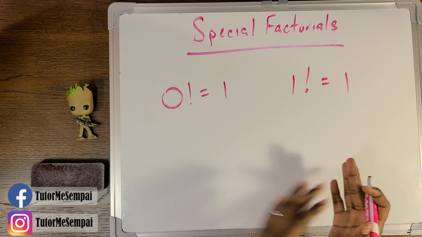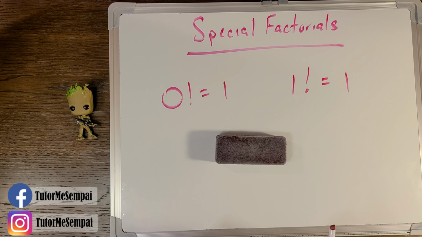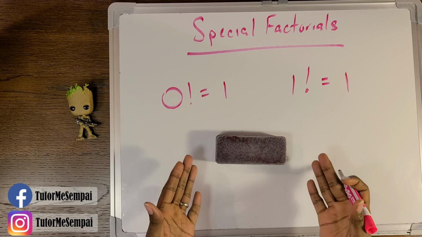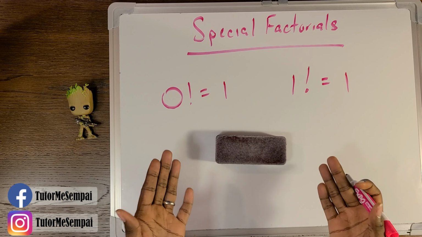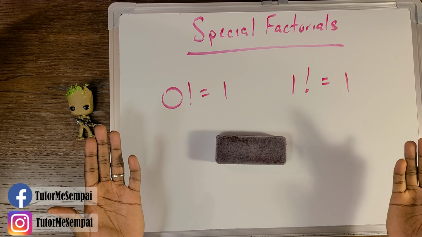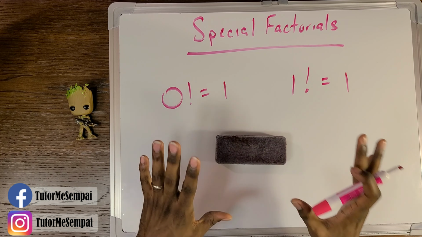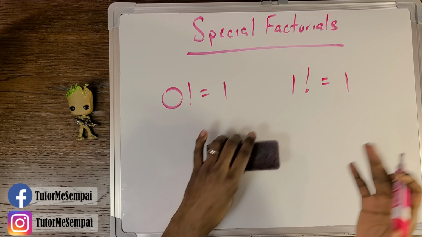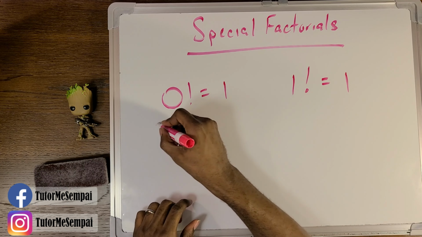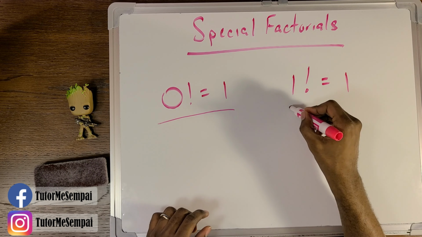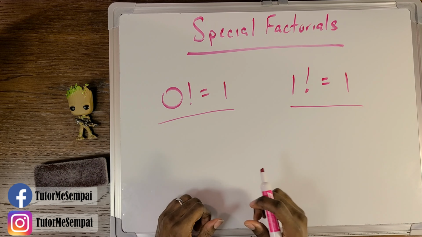The same can be true if you had 1 item on my whiteboard. If you just had this 1 item, how many different ways can you arrange this 1 item with itself? 1. These 2 special factorials make a bit more sense. However, if it still doesn't make any sense to you, just know that 0 factorial is 1 and 1 factorial is 1, and try to commit that to memory.